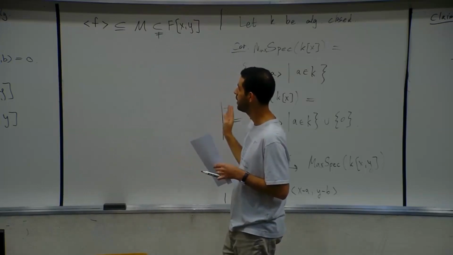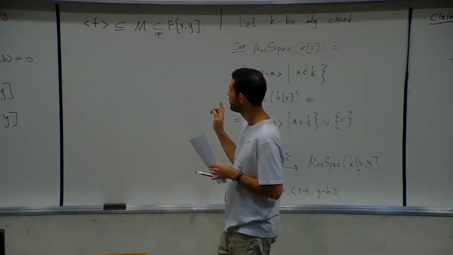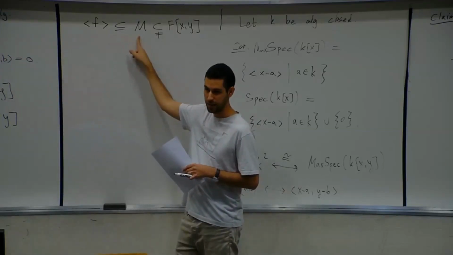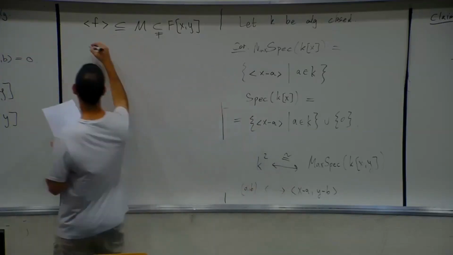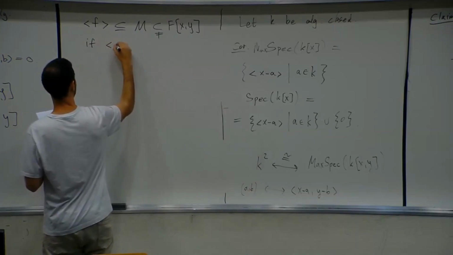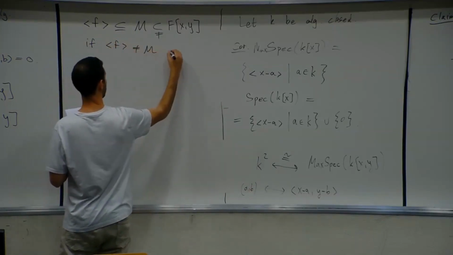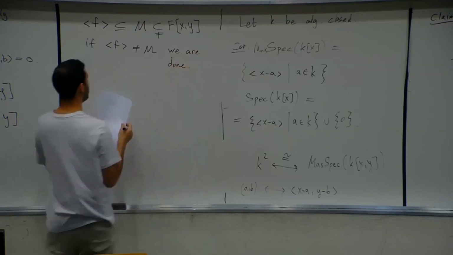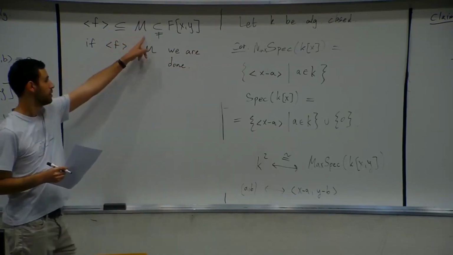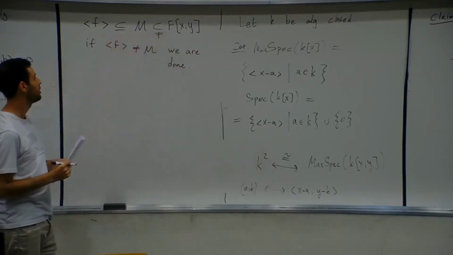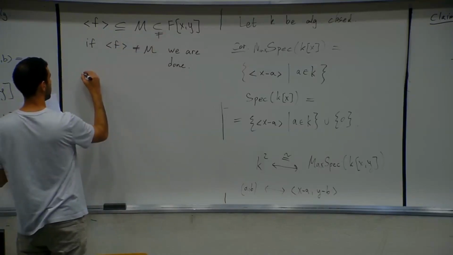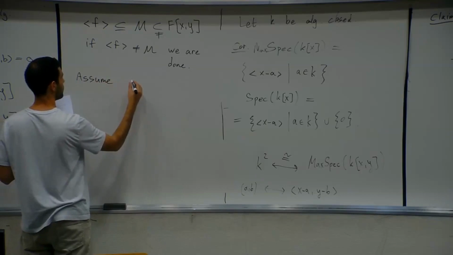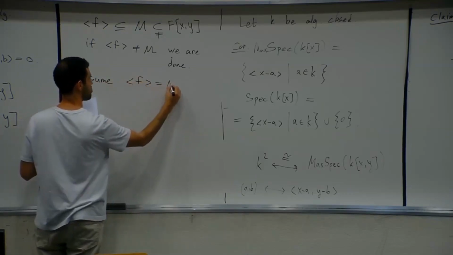So we are almost done, right? Because we want to show that (f) is not maximal, and here is some bigger ideal. So if (f) is not M, we are done, because we found a larger proper ideal that contains it. What remains is to assume that (f) is M.